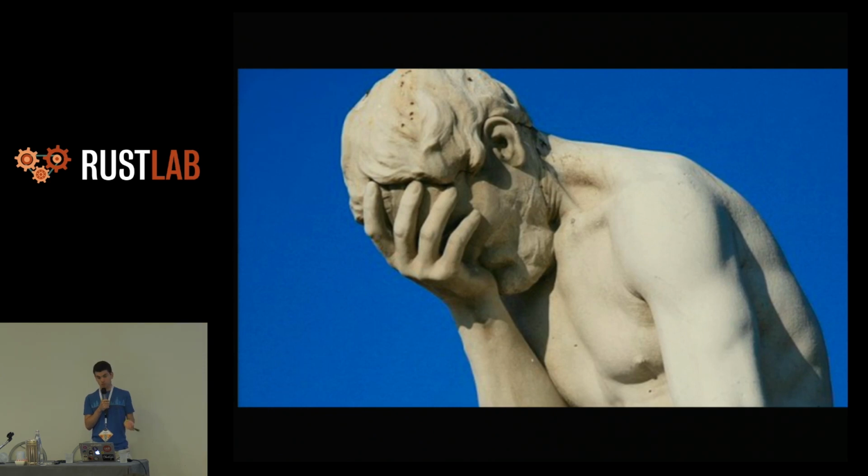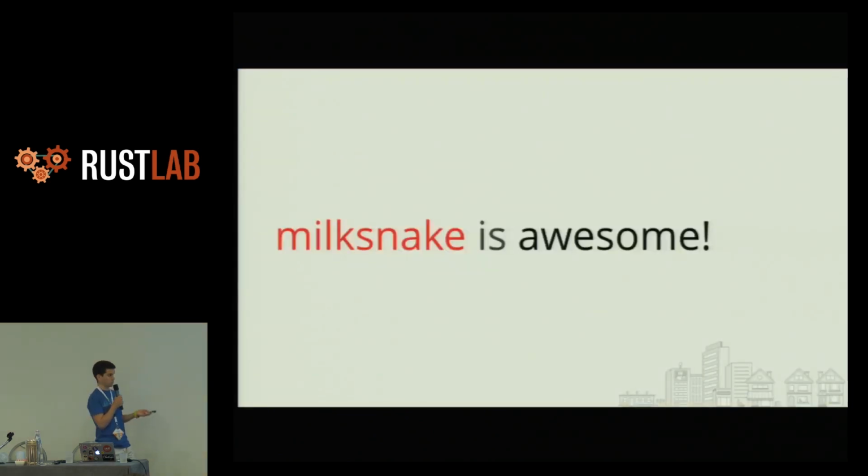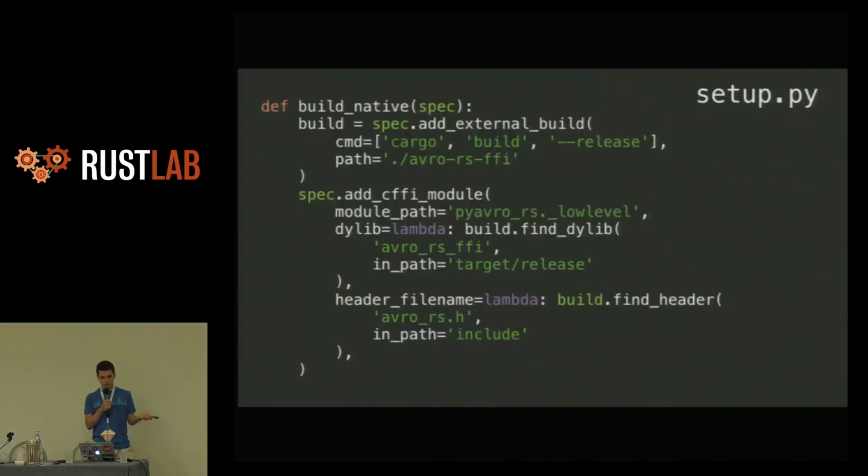And so the solution to that, because there is a solution, is called Milksnake. Milksnake is an open source project, and really it's awesome. It does all that I just said in the past two minutes, which, two minutes to package something to a Rust audience is two minutes too much. So the way you do it using Milksnake, you just define one method that is going to be platform independent most of the time.